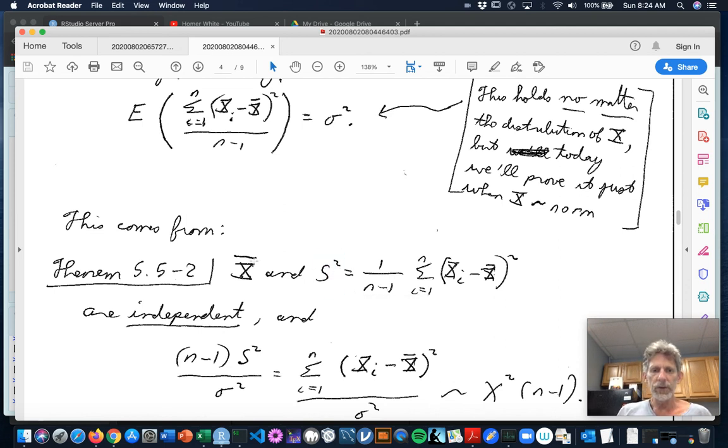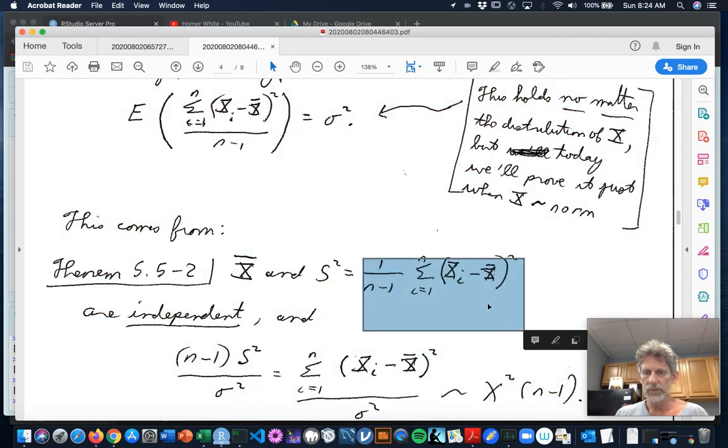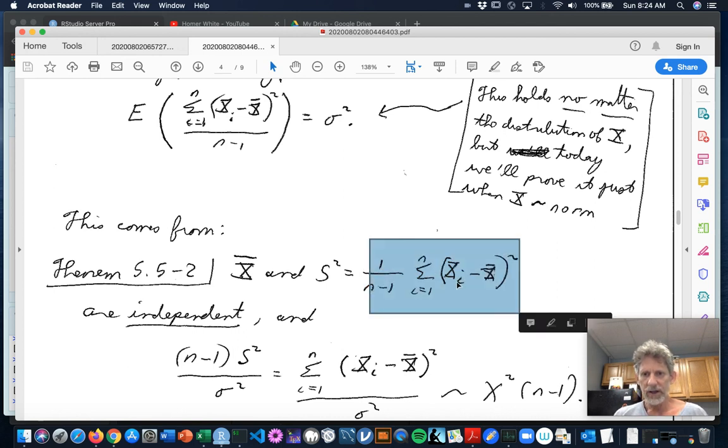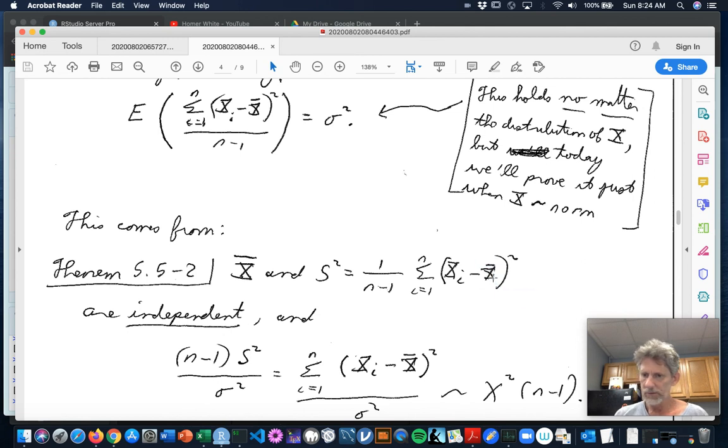If you compute those two, it turns out that as random variables, they're independent. That is independent of that, which seems really wrong and false, because this has an X bar in its formula. How can it be independent of this?